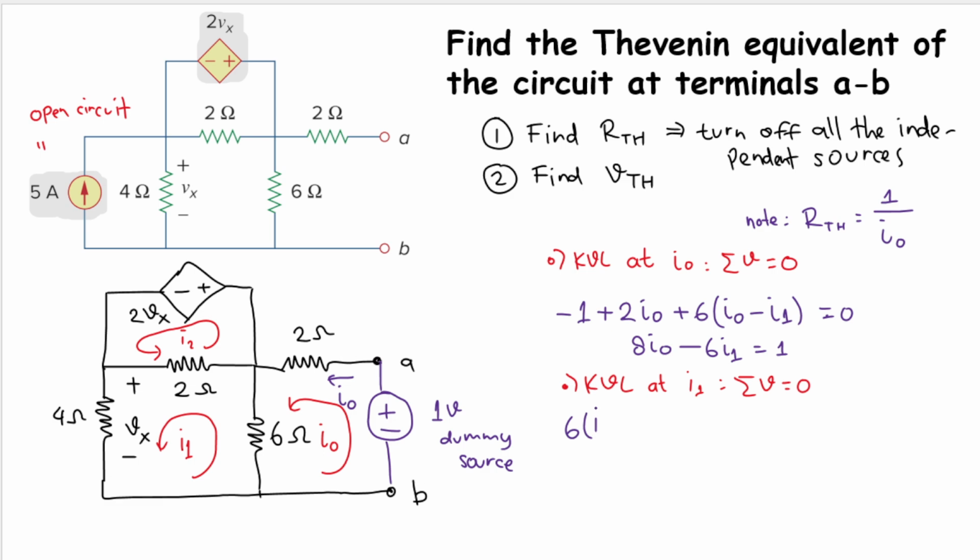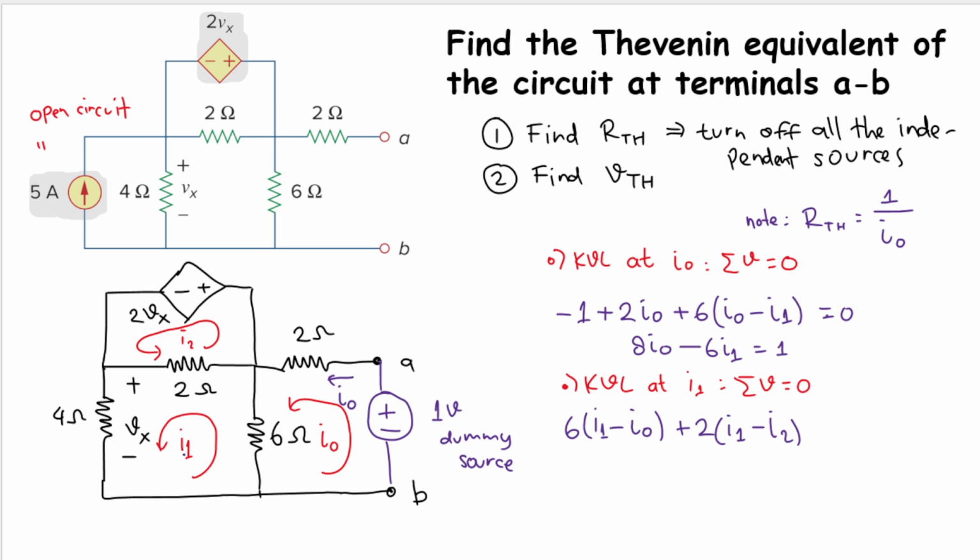We are working on I1, so I1 comes first. But here I0 is flowing in the opposite direction, so I will have minus I0. Good. Then let's move on to that 2 ohm resistor, so I will have 2 multiplied by I1, but here I2 is flowing in the opposite direction, minus I2.